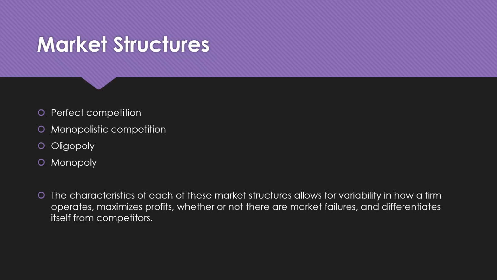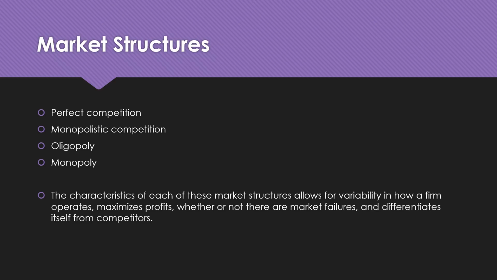Essentially, how we break these market structures down is that all of them maximize profits in the same way, but they have different interactions with the competitors that they have, if they have any competitors to speak of, because in a monopoly you don't have any competitors.